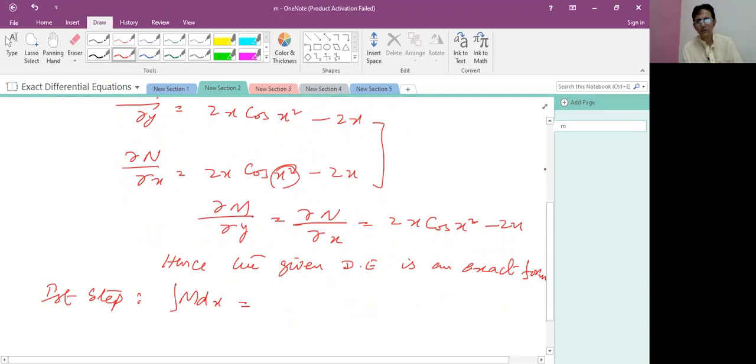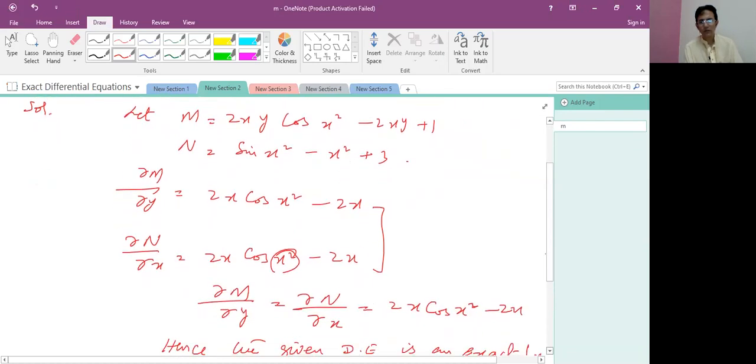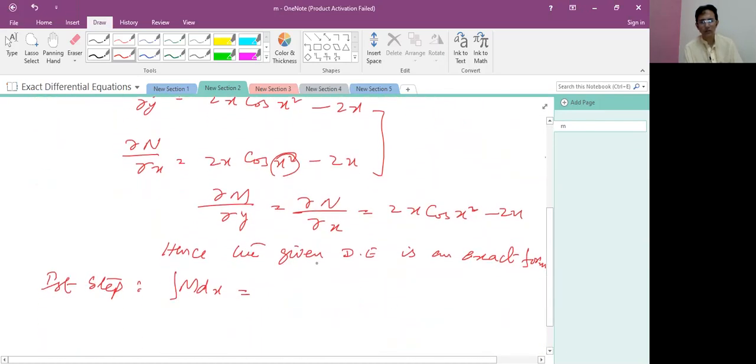So what is m? m is 2xy cos x^2 minus 2xy plus 1. We find the integral of m dx.